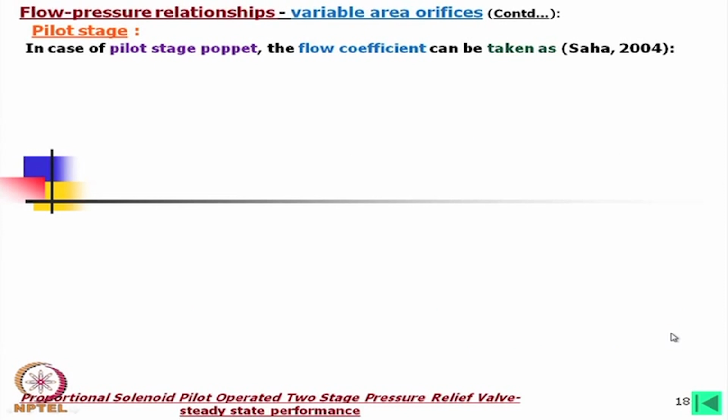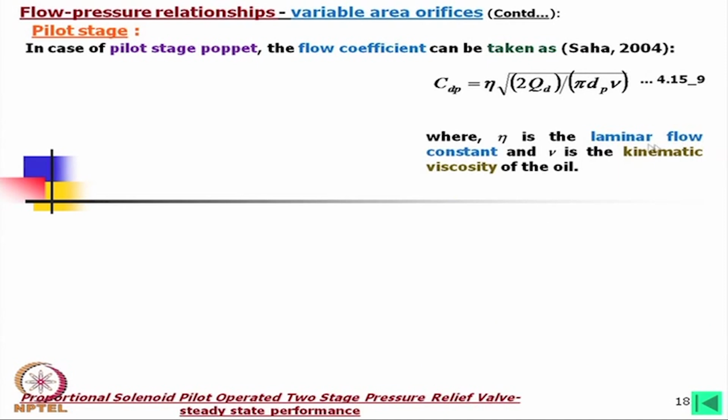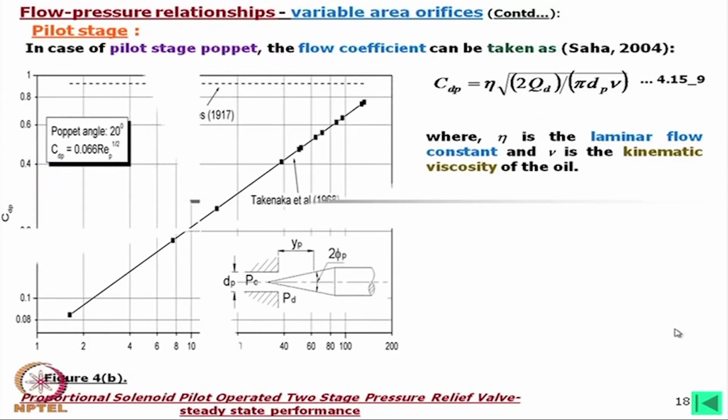Now, for the pilot stage similarly this formula can be used, and it is called the laminar flow constant, and this is the kinematic viscosity of the oil. Here I think I have made a mistake, 1/8. This relation will be more or less the same, and he also proposed this formula for this one.